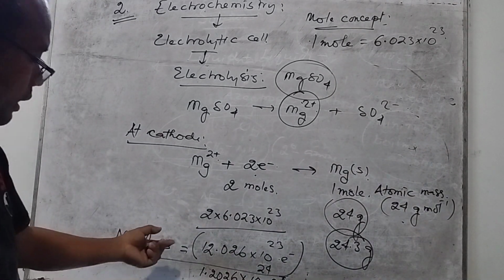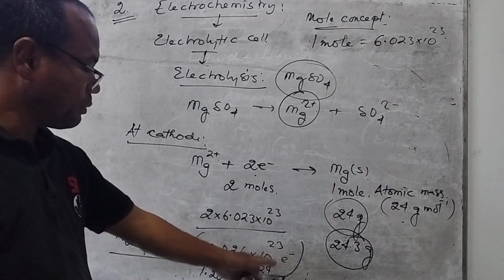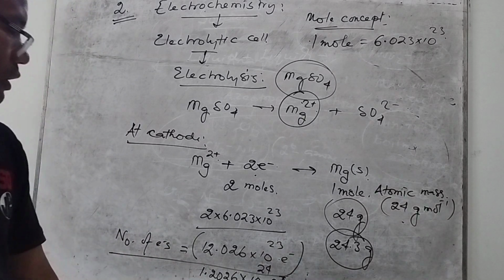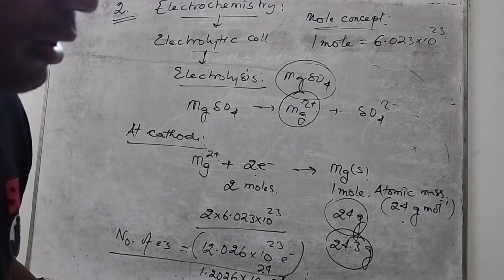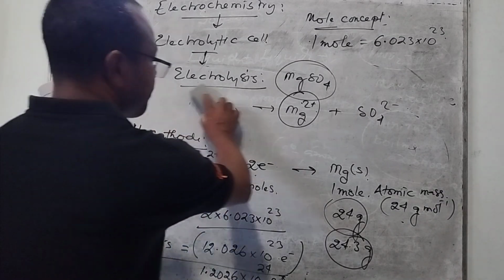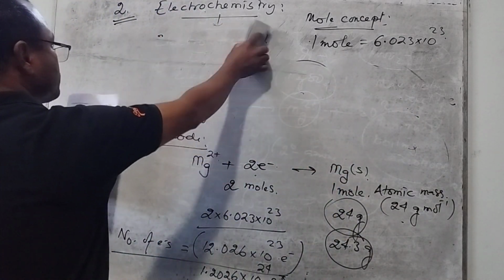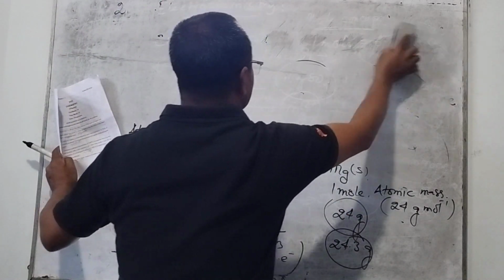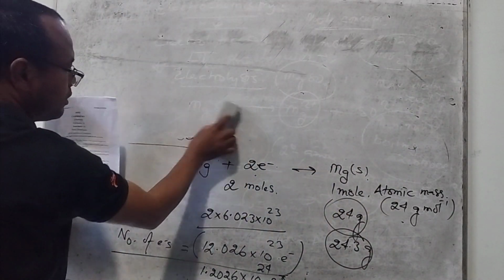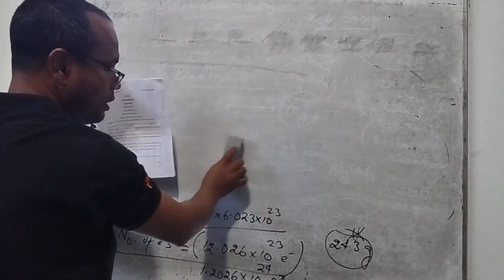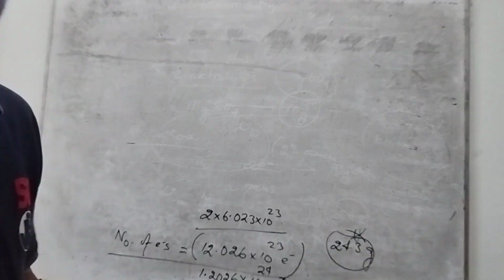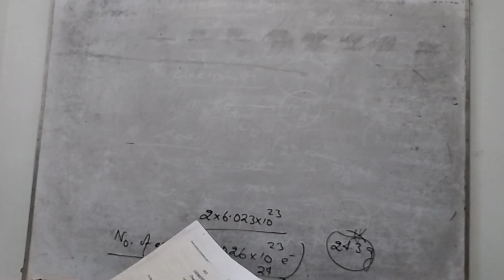So we can write either 12.04 into 10 to the power 23 or 1.2 into 10 to the power 24 electrons. This is the answer of this second question. I consider this question not very difficult; it is only based on understanding, right?